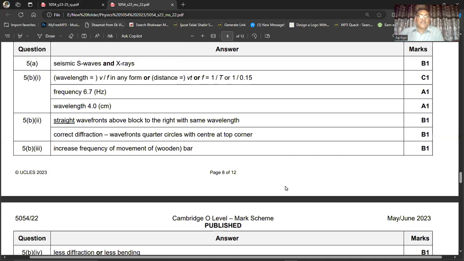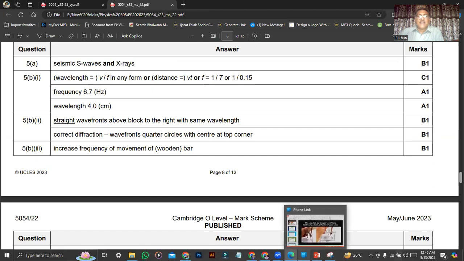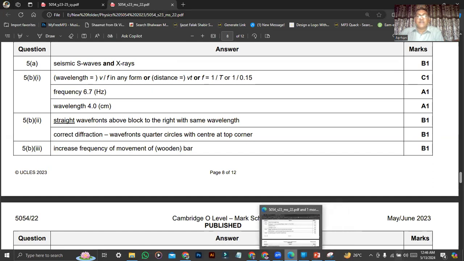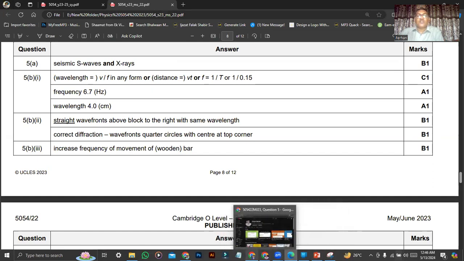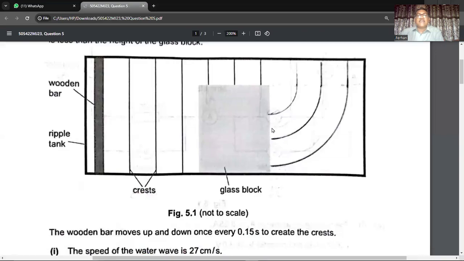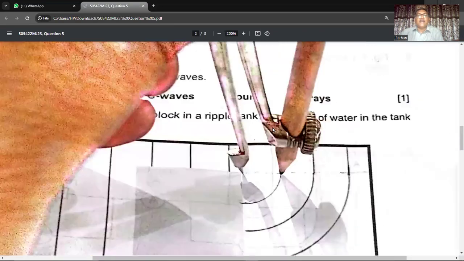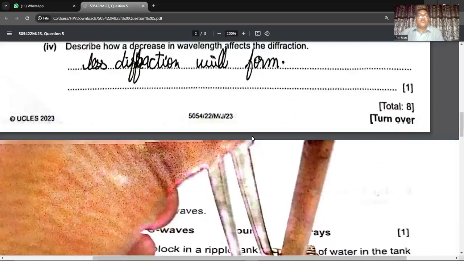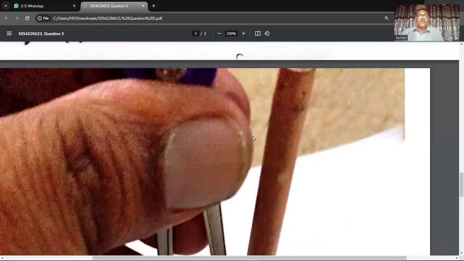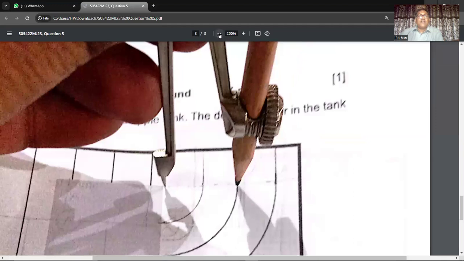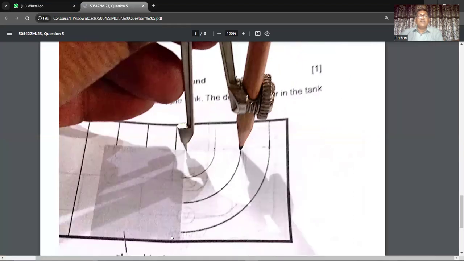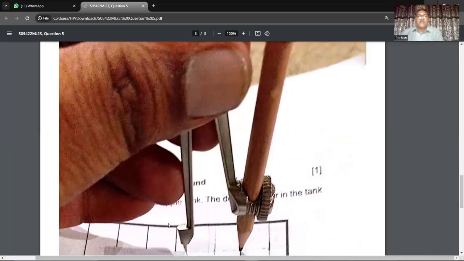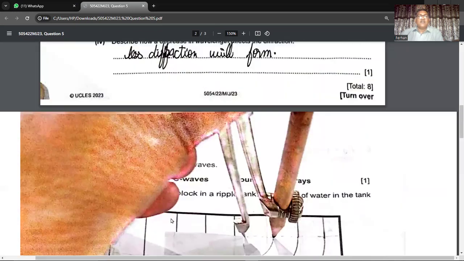So hopefully you understand this is the basic thing for which I am making this video. I just wanted to show you this technique, how I have drawn these. You can see this, and look at this diagram. They are very, very important. This is how I have drawn this.